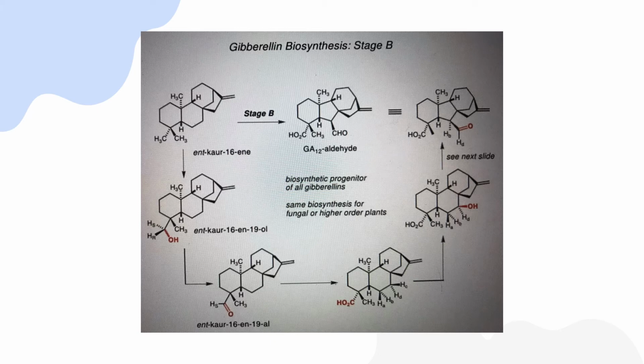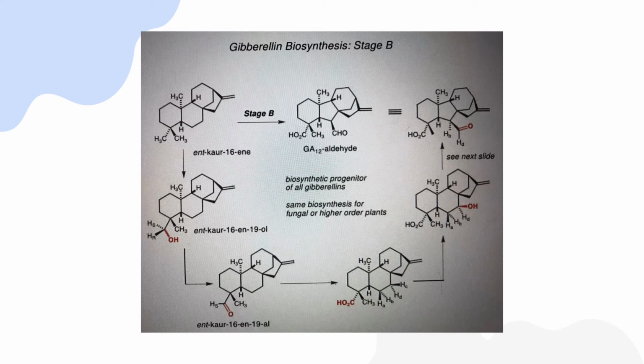GA12 aldehyde is then oxidized to GA12, the first gibberellin in the pathway in all plants, and thus the precursor of all other gibberellins. Many gibberellins in plants are also hydroxylated on carbon 13.